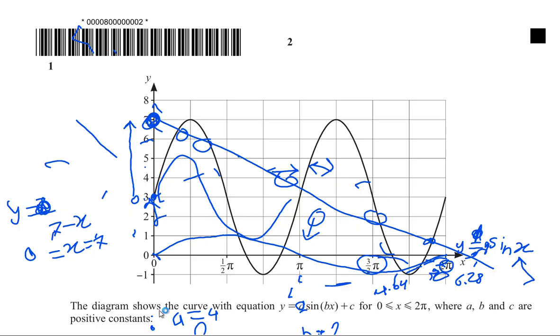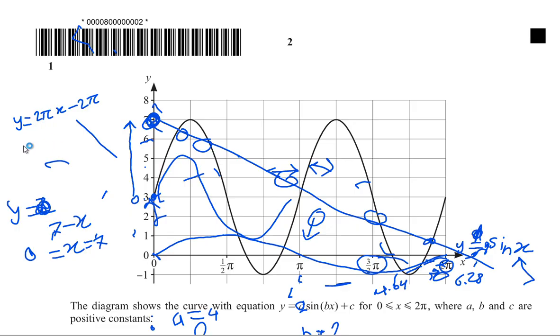But now we need to find the value. The equation is 2 pi x minus 2 pi. So if x equals to 0, y equals to minus 2 pi, so it's way down somewhere. And now when y equals to 0, what's x?